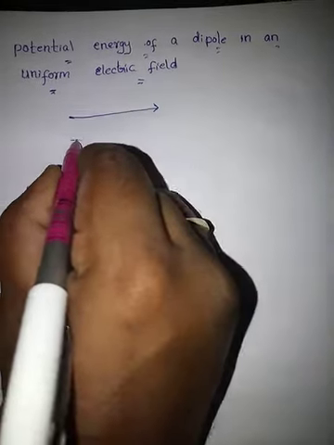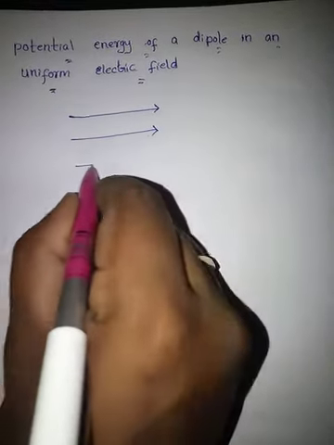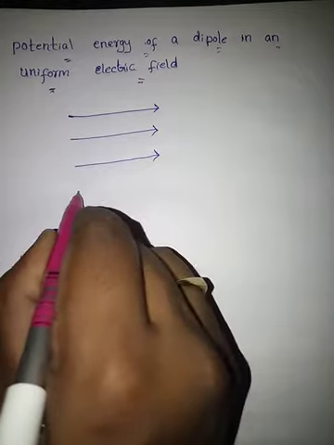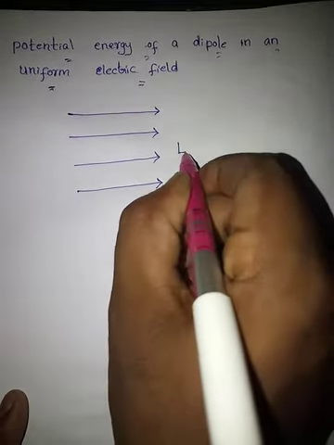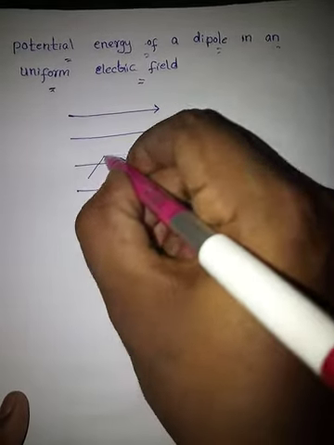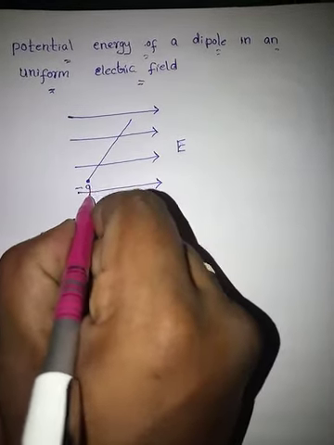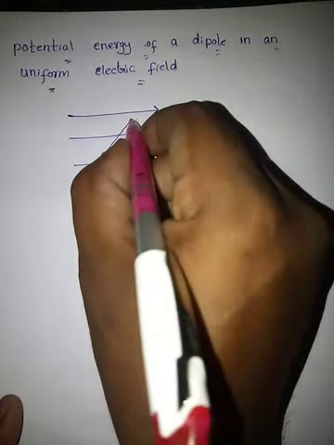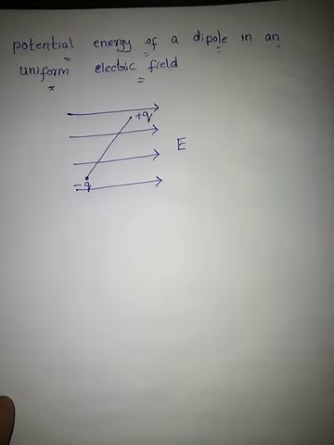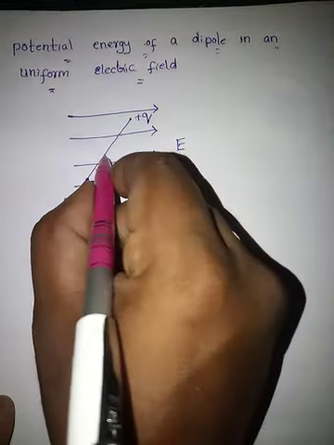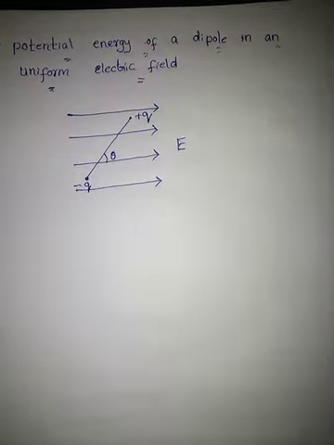See, let us take a uniform electric field. In this we place a dipole. You know the dipole is two equal and opposite charges separated by a small distance. It is making an angle theta.